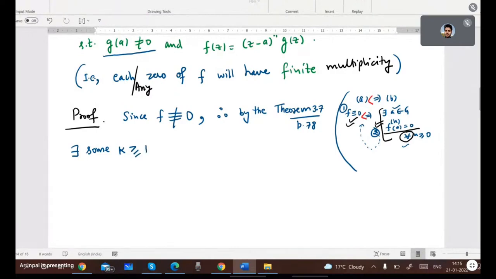Class take a note, I am not taking 0, you will see why, such that the value of this at a is not 0.